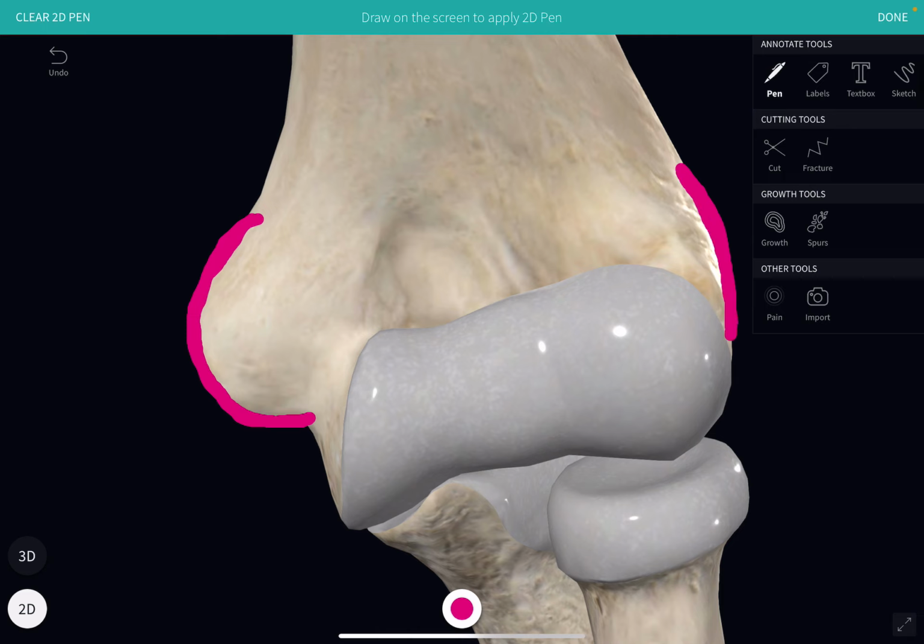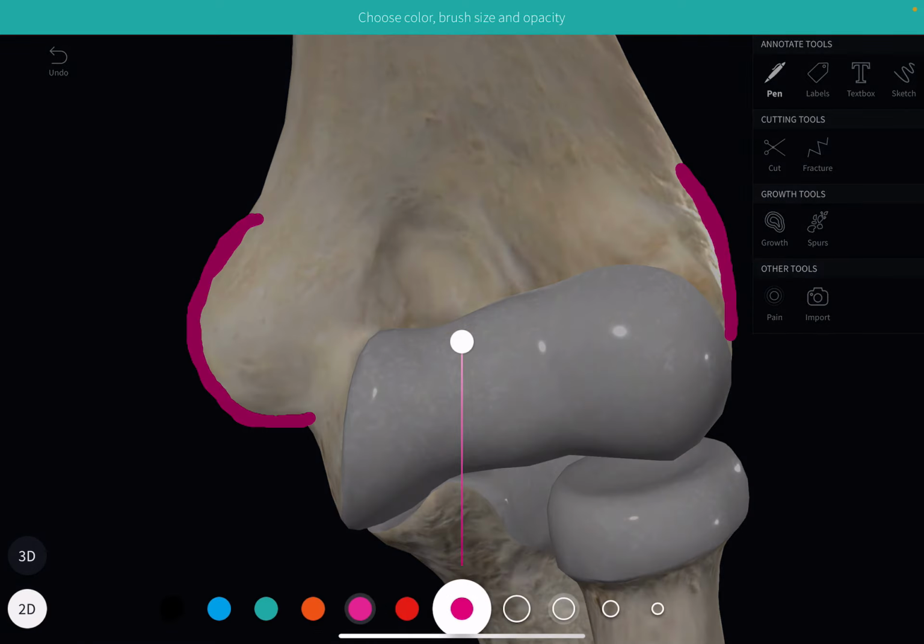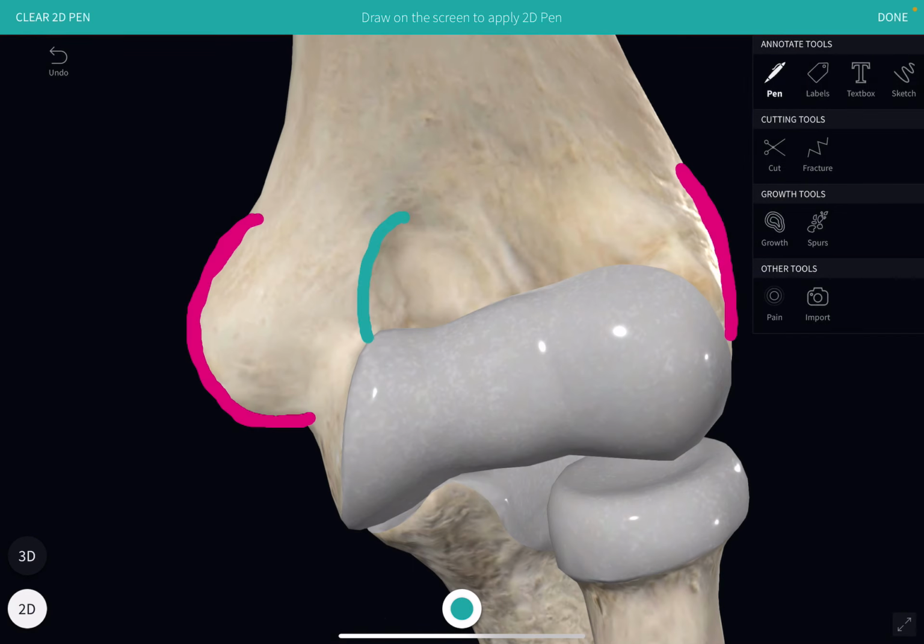The medial epicondyle and lateral epicondyle both lie outside the joint capsule, whereas the articular fossae, the radial fossa and the coronoid fossa.